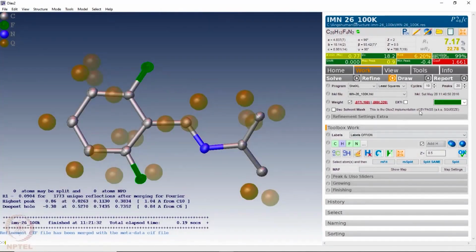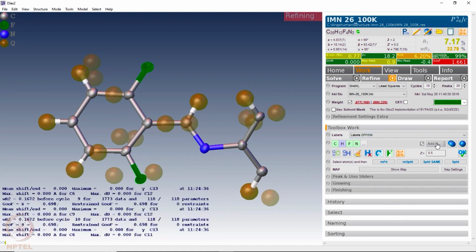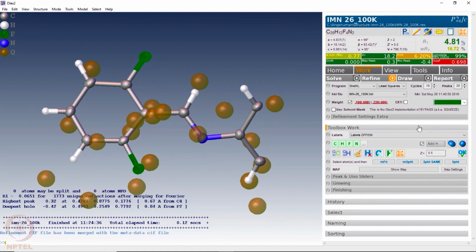Now if we just click this button here, HFIX, it immediately identifies what kind of atoms are there and what kind of hydrogens they can have, picks up those HFIX commands from the database, sets those atoms with the corresponding HFIX command and fixes the hydrogens at their defined locations.